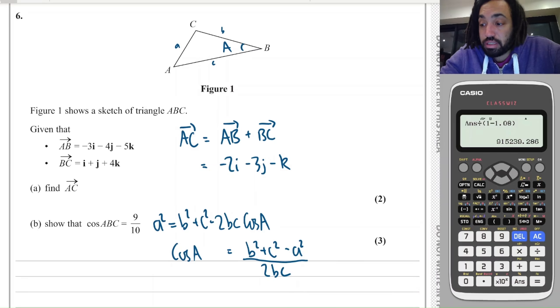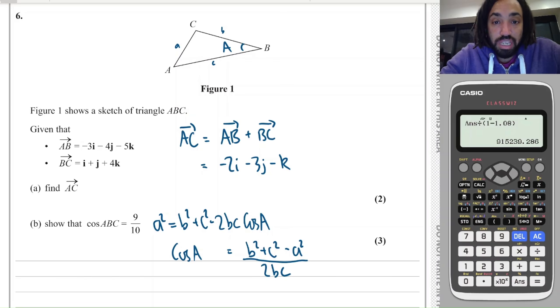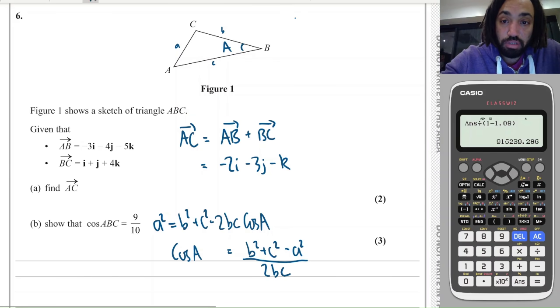with that being said, I'll need to work out the magnitudes of each of these. So the b, for example, up here, which I'm going to use as b, is actually b to c, and b to c is 1, 1, 4.